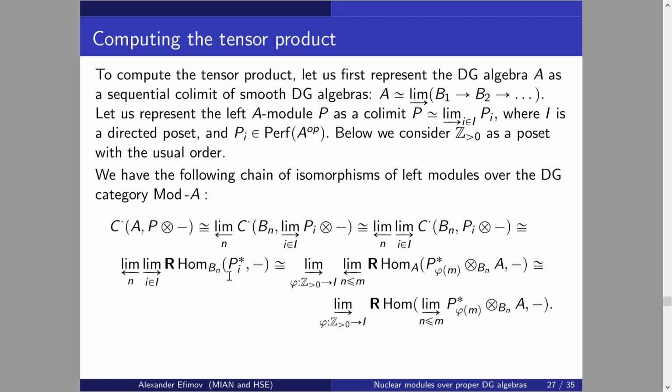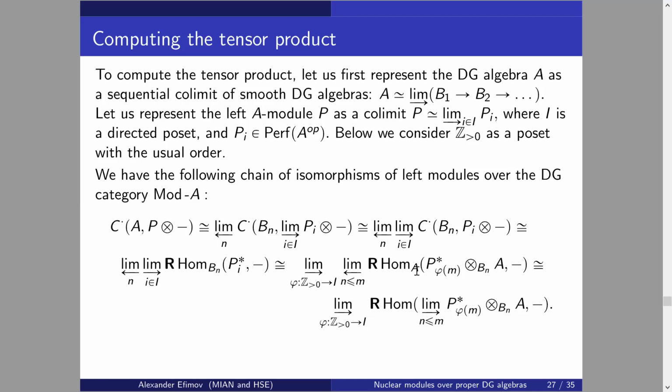Now you immediately observe that this is the same as a limit of colimits of R Homs from Pi star to something. Then you employ this UP6 axiom together with the telescope construction, which allows you to compute sequential limits, and you get that this is the same as the limit over all maps from positive integers to I of the inverse limit of such R Homs, where the inverse limit is over n less or equal to m.